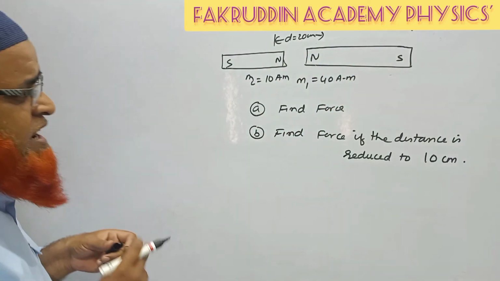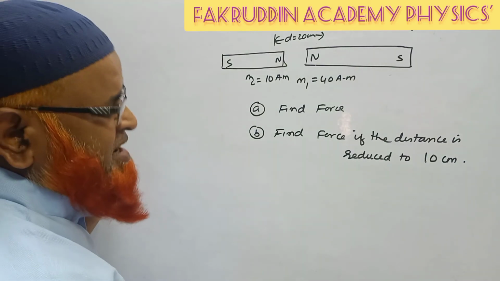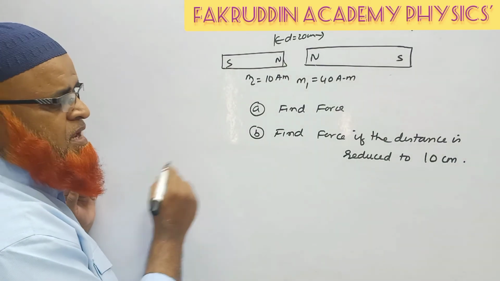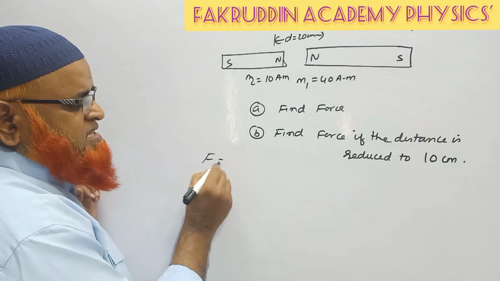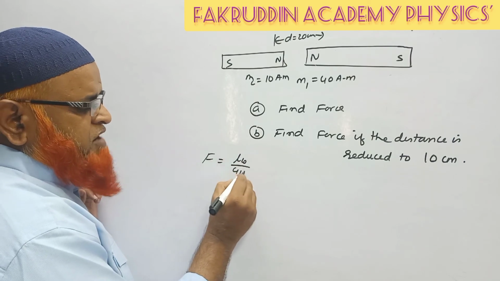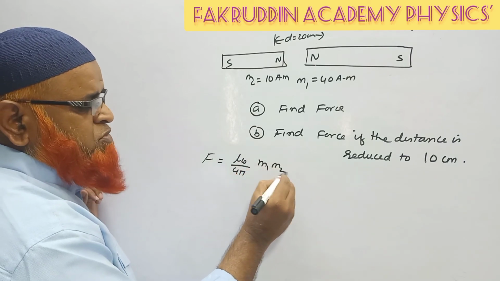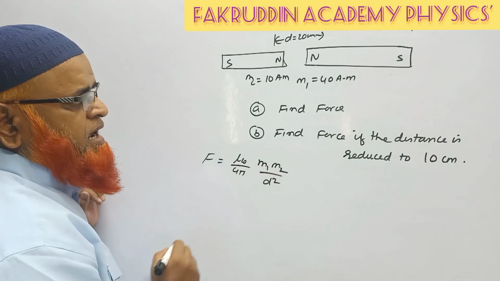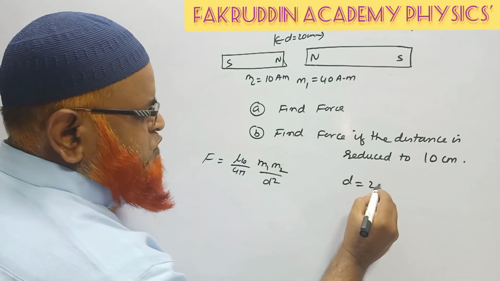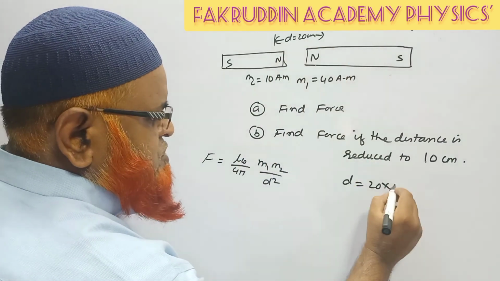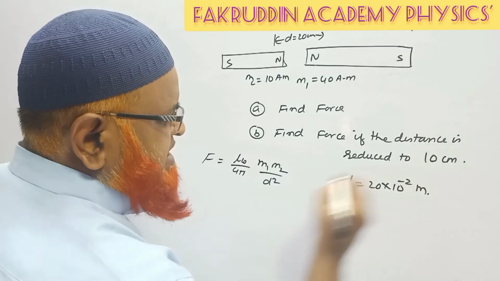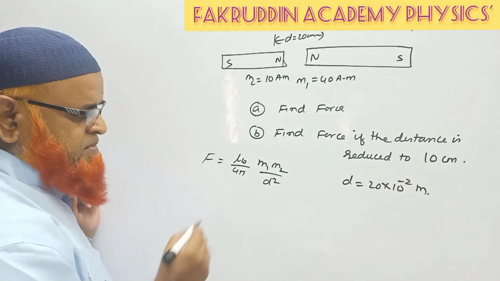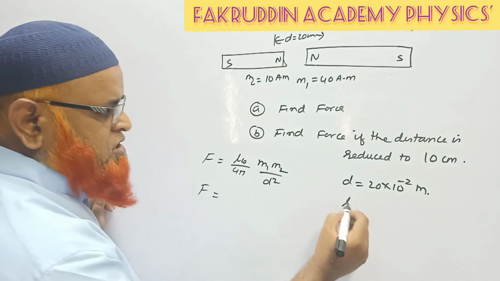Then how are you going to find the force here? By using the formula, which you should remember: F equals mu naught by 4 pi, m1 m2 by d square. D is 20 centimeters, so 20 into 10 power minus 2 meters. Convert this into meters.